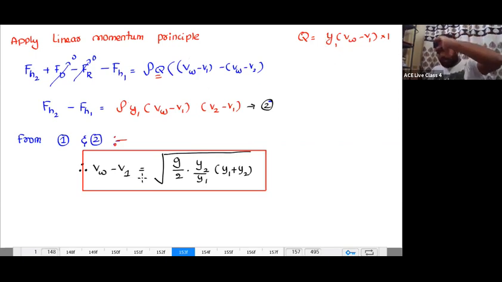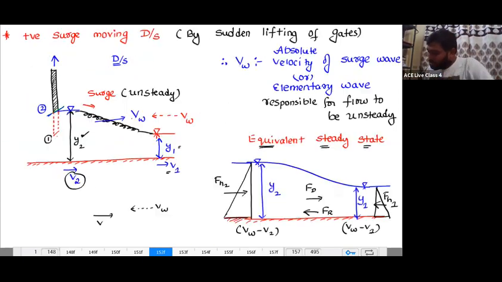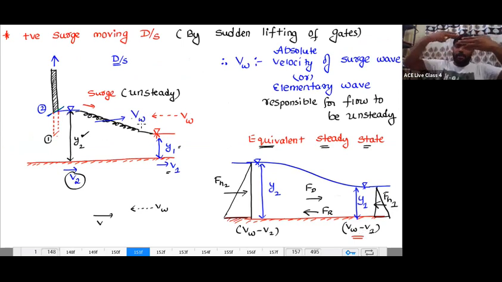So why I got this VW minus V1 is because the flow is moving downstream, then the imaginary velocity I am applying is going to be upstream. So this is the imaginary velocity VW and this is going to be the V1, or else there is one more form. Just wait for that moment.